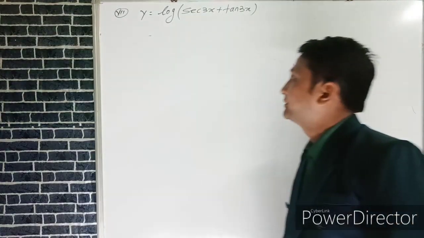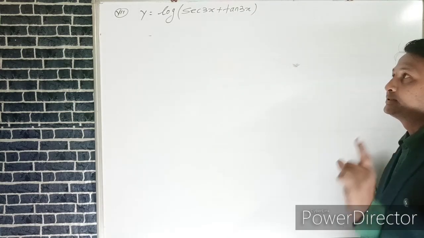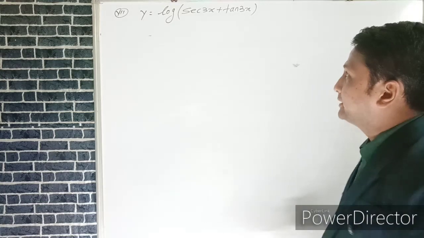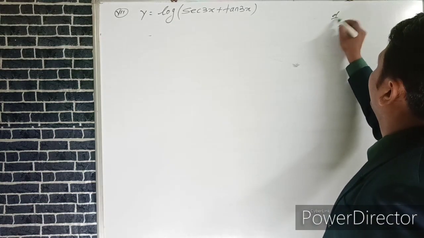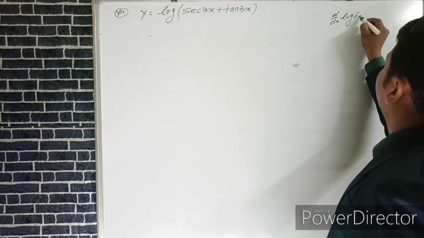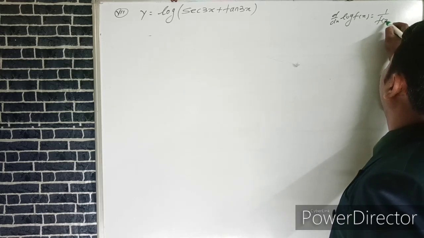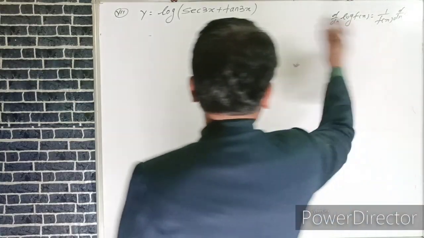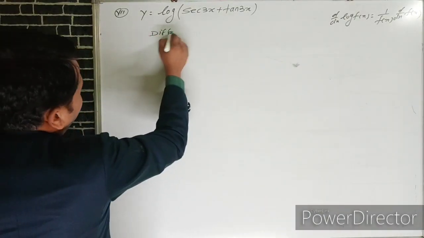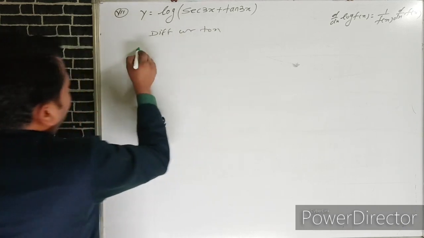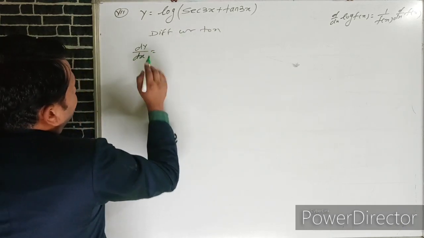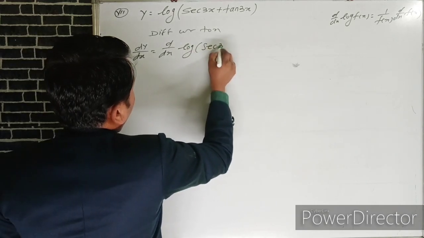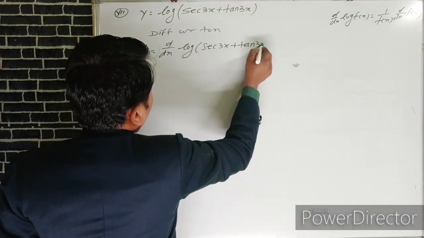Example number 8, y is equals to log of sec 3x plus tan 3x. We know that the derivative of log of f(x) is equals to 1 upon f(x) into again a derivative of f(x). By applying this rule, we can differentiate with respect to x. The derivative of y is dy by dx. Again we can take the derivative of log of sec 3x plus tan 3x.